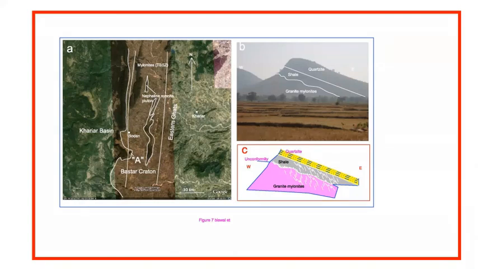I told you in the first map I have shown that on the west side of the Bastar Craton, in Lakhna area, you have the Khariar Basin. On the left part of this slide, I have shown the Khariar Basin. The central one is your mylonitic zone with nepheline syenite intrusions, and the eastern part is your Eastern Ghats Mobile Belt.